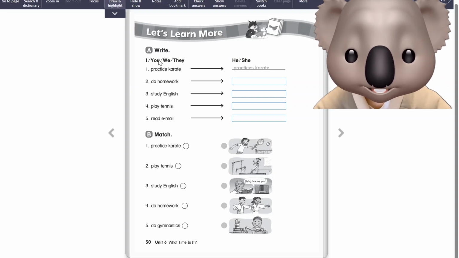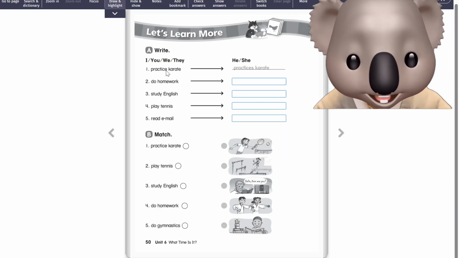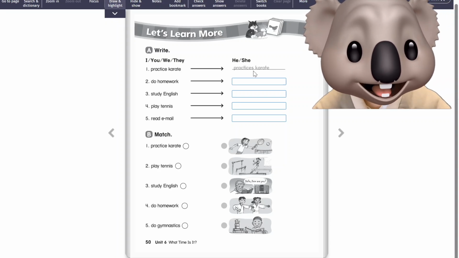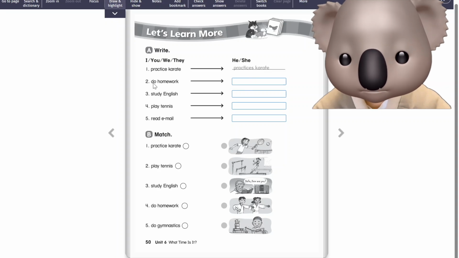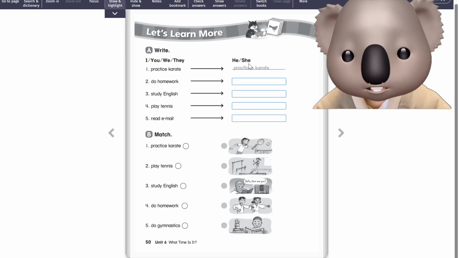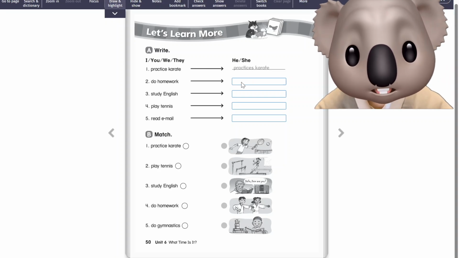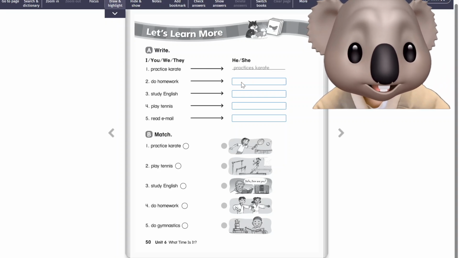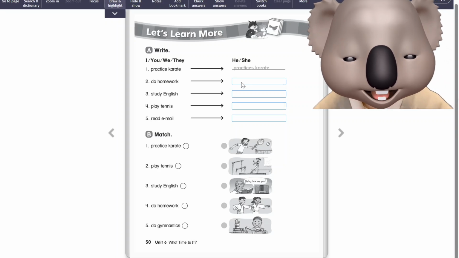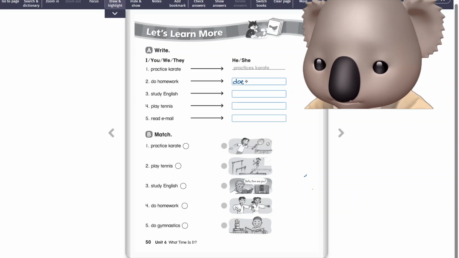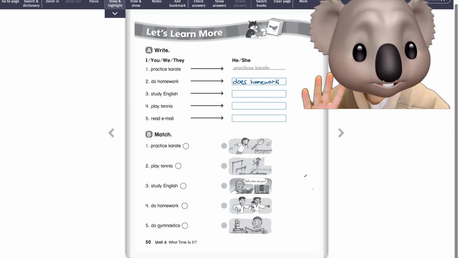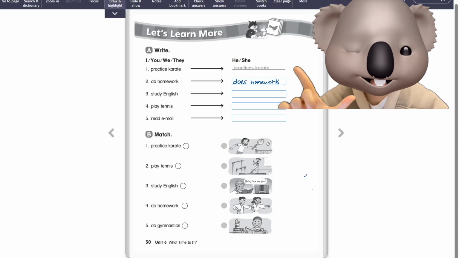When we use I, you, we, or they, there's no S. But if there's a he and a she, we need to add an S. Number 2, I, you, we, or they do homework. He or she, this one's a special one. DOS가 아니라 DOES입니다. He or she does homework. Great job! For number 3, 4, and 5, I would like you to do it and we'll check your answers.